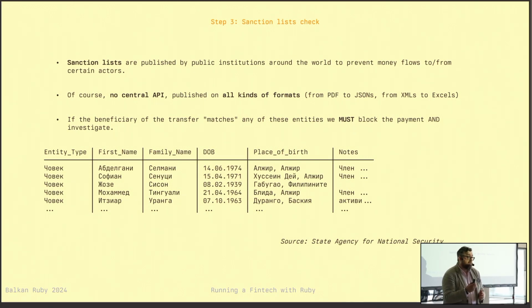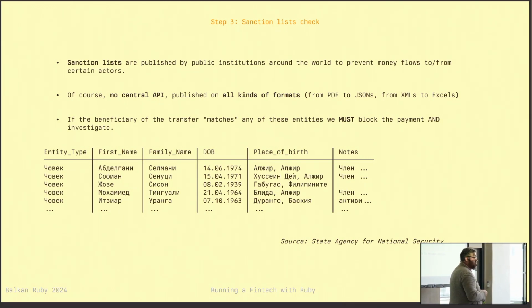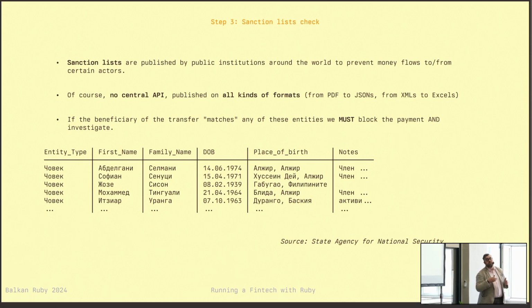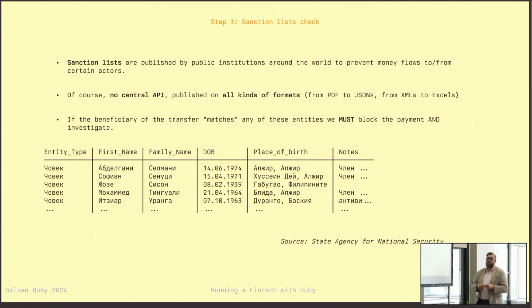We have seen very clearly the sanctions from the European Union on Russia after the Ukraine war. So that happens all across the world, in all kinds of formats and periodicities. It's very difficult to keep track of all of these sanction lists.